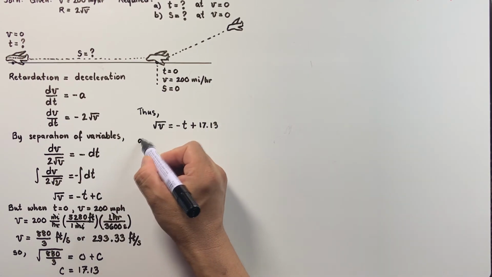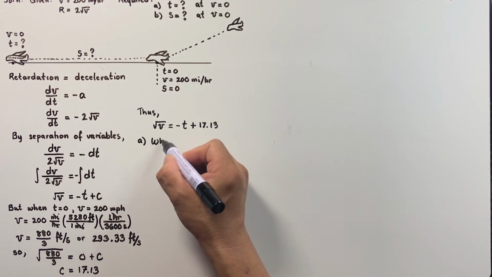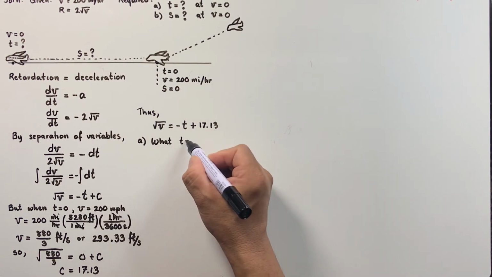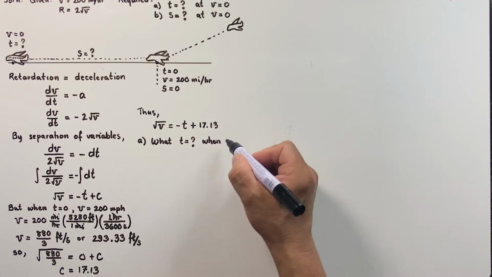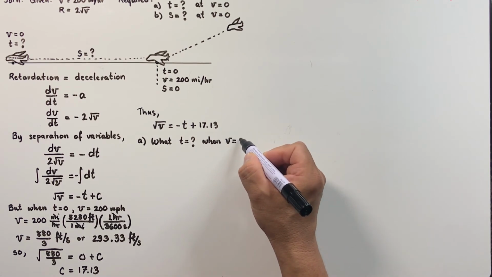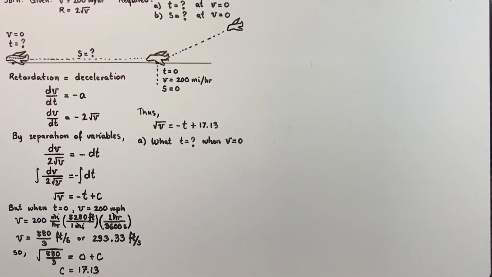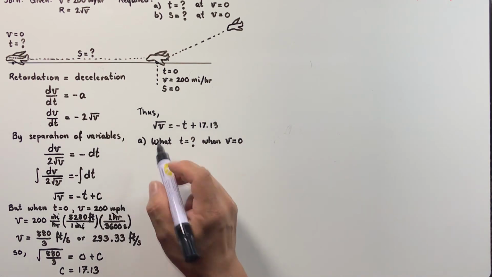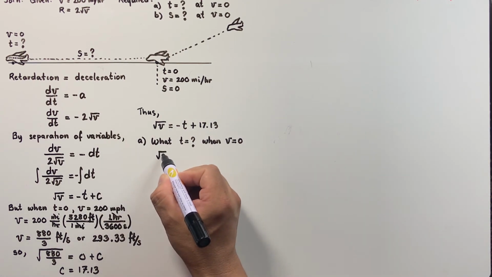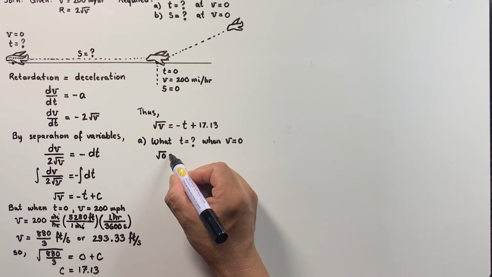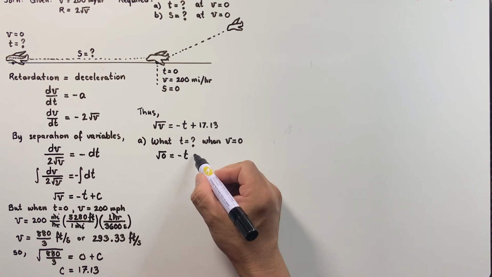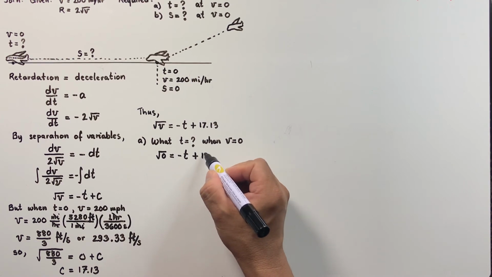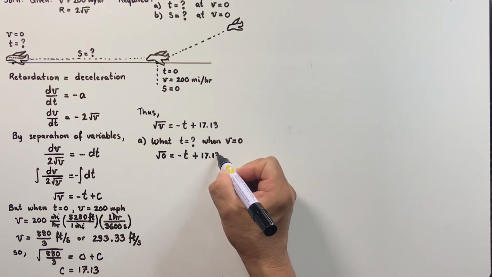And to answer our first question, what is the time t when the plane comes to its complete stop, meaning the velocity is 0? So substituting this v here, we have the square root of 0, velocity of 0, meaning at complete stop, this is equal to the negative t plus 17.13.